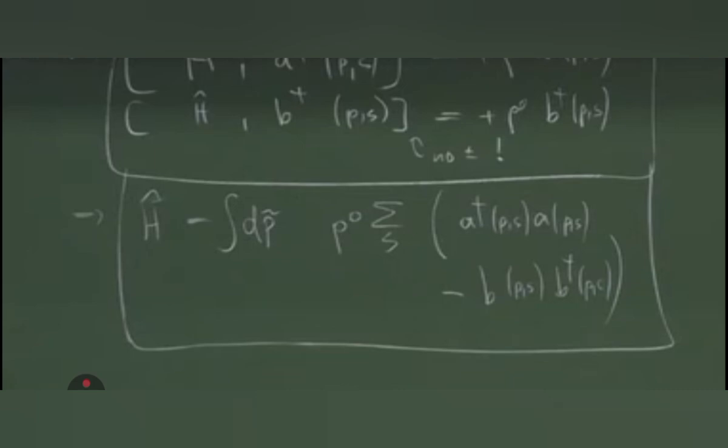Up to a divergent irrelevant constant, this Hamiltonian is the same as the one we defined via Legendre transformation, and it satisfies the same commutation relation.